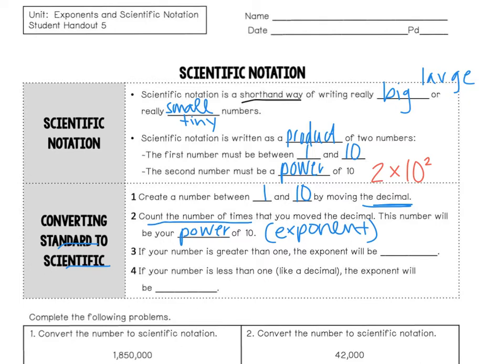If your number is greater than 1, the exponent will be positive. And if your number is less than 1, like a decimal, the exponent will be negative.